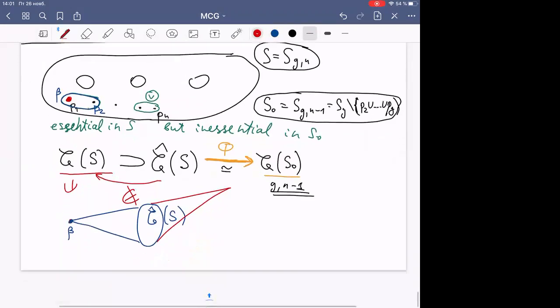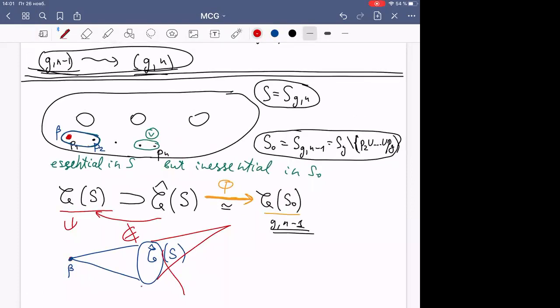And these cones are attached separately. No two of these vertices are connected to each other. So from the homotopy point of view, we see that this C of S is homotopy equivalent to the following.